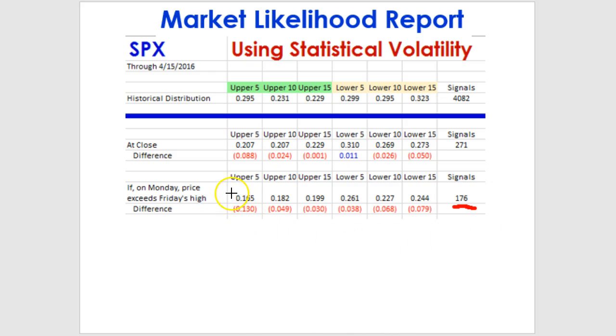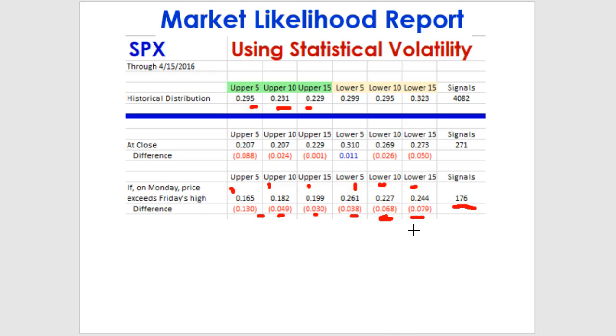You'll see here the upper bands were struck 16, 18, about 20% of the time, far less often than historical, and you can see those negative differences there. On the downside bands, if it goes above Friday's high, you can see the 26, 22, 24, less often, less often, and less often, quite a bit on the 10-day anyway, and the 15.